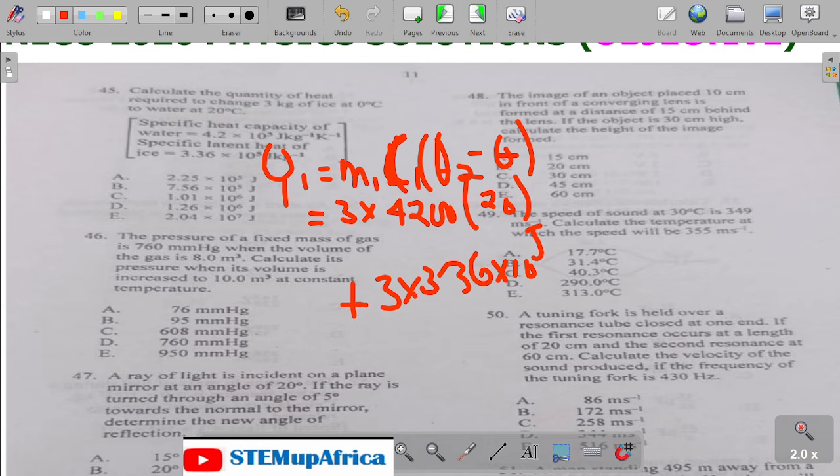If I simplify and add on my calculator, I'm having 1.26 times 10 raised to the power 6. I'm having D.